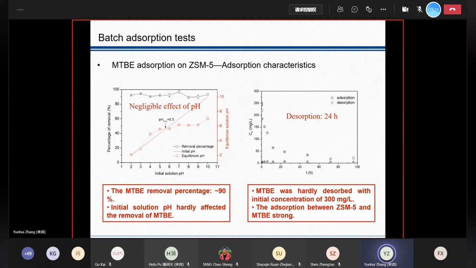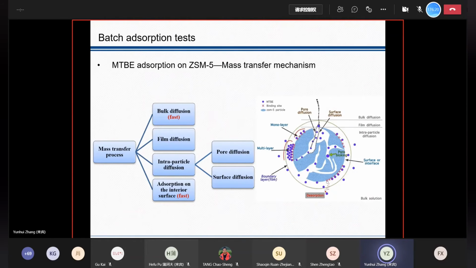The mass transfer process has an impact on the adsorption equilibrium time, and it generally involves 4 steps: the transport from the bulk solution to the boundary layer, that is bulk diffusion, and then film diffusion, intraparticle diffusion, and the adsorption on the interior surface of the sorbent.